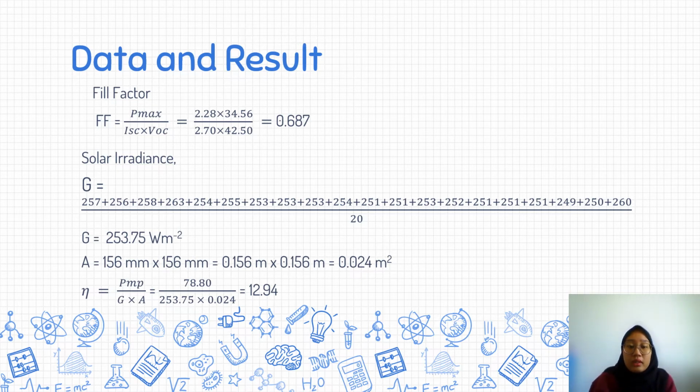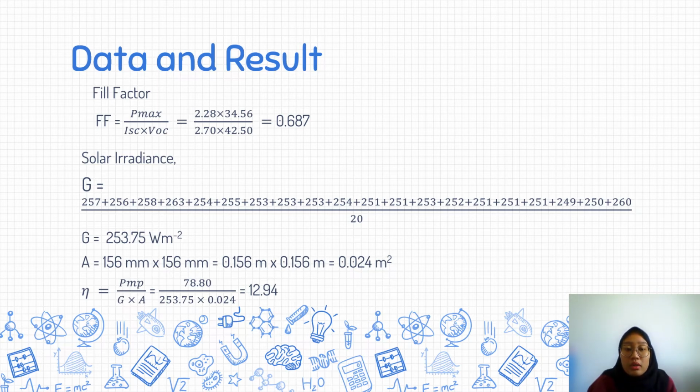To obtain the solar irradiance value, we have to search for value G and A first. So, to obtain the value of G, we have to add all the values of irradiance from the table and divide it by 20. And then we will gain the value of G of 253.75 watt per meter square.